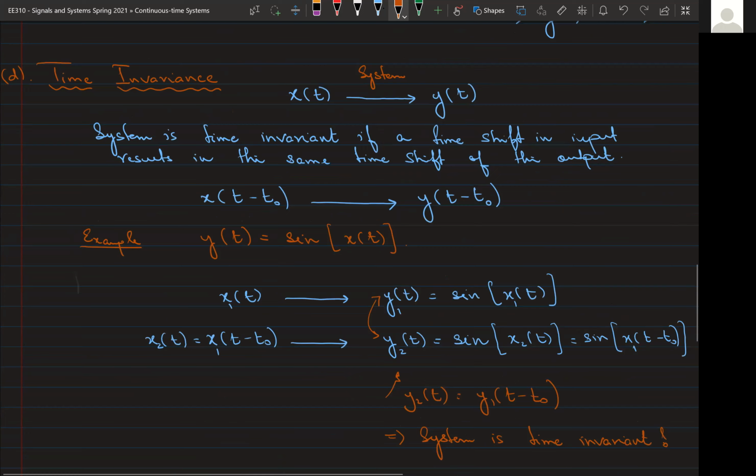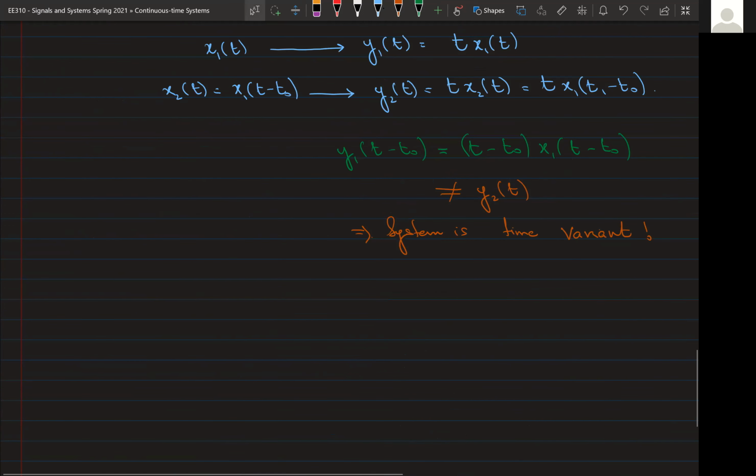Sir, I didn't understand y2. Why did we not change t to t minus t naught? Because all the system does is take the input and multiply that input by t. That's the system definition. And what is the input? The input was x1 of t minus t naught. The output would be t multiplied by the input.